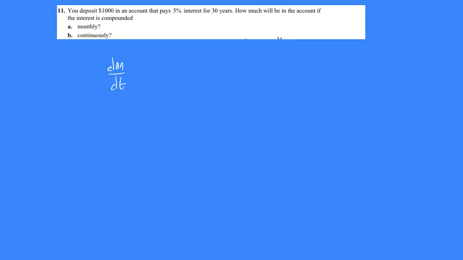Now let's go to the problem when the money is compounded continuously. In the previous example, we have seen that the slope of the money in the first month is $10 in 1 month. In the second month, it was $10.10 divided by 1 month.